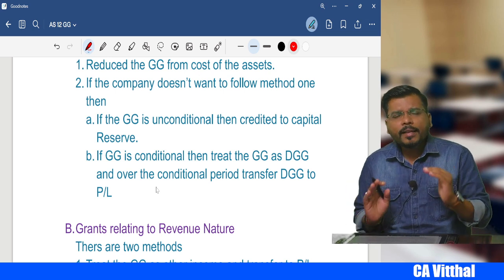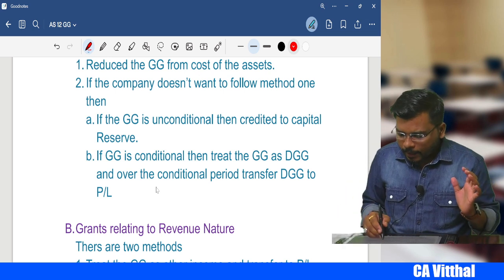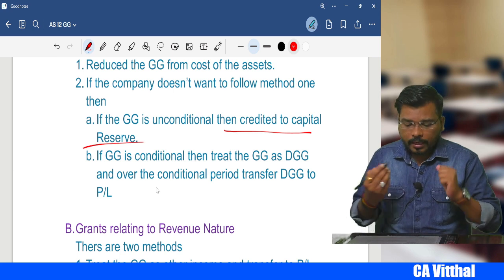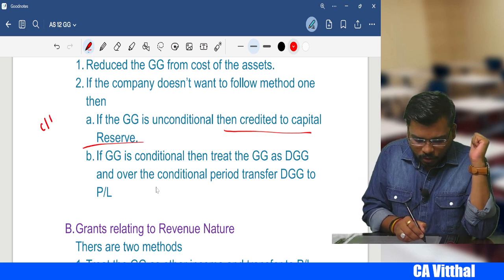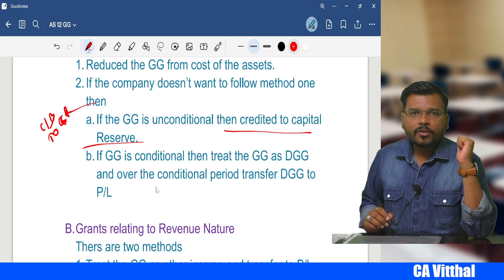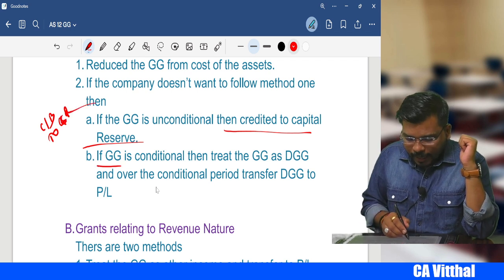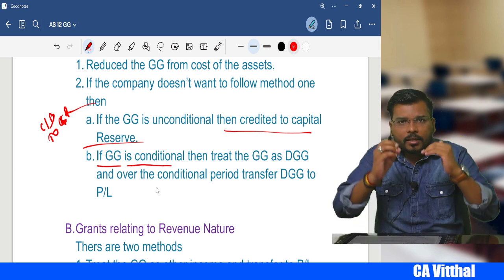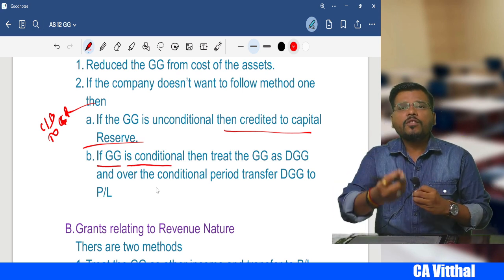If the government grant is unconditional, then credit it to the capital reserve. That means the entry will be cash or bank account debit to capital reserve account, right, my dear student?